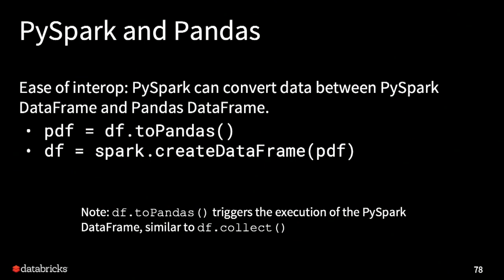So for ease of interop, we can actually convert between PySpark data frame and Pandas data frame in a bidirectional fashion. And one thing to note is that Spark SQL data frames, and in this case PySpark data frames, usually are lazy. So if you call a transformation on a data frame, it doesn't cause this data frame to execute.